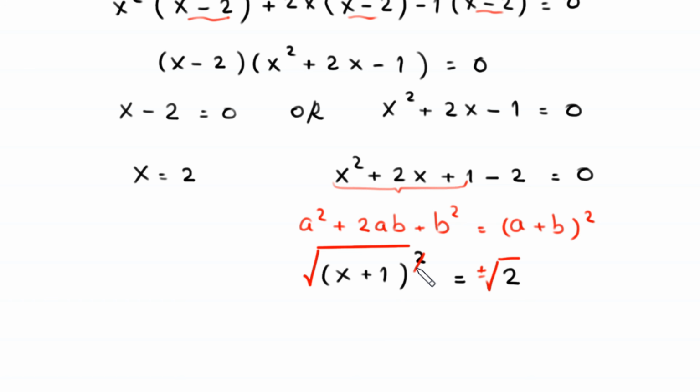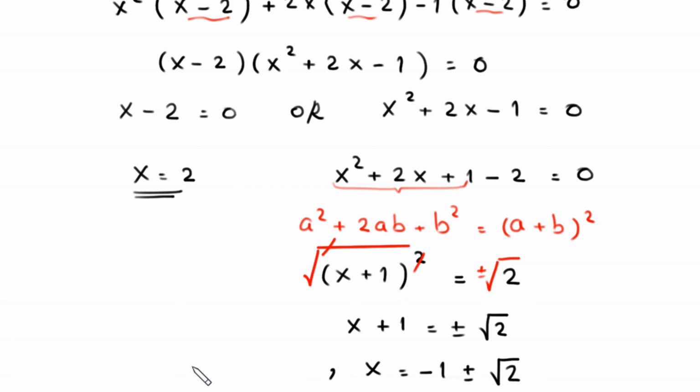So this square will be cancelled with this square root. We are left with x plus 1 equal to plus minus root 2. Move this 1 to the right hand side. This will become x is equal to negative 1 plus minus root 2. And first we found that x is equal to 2.